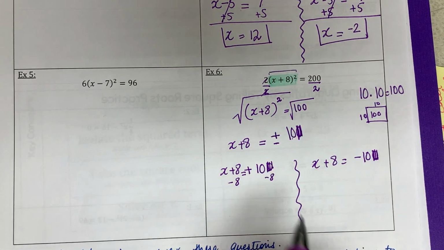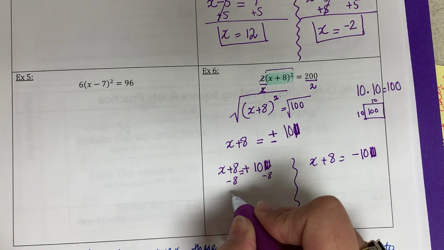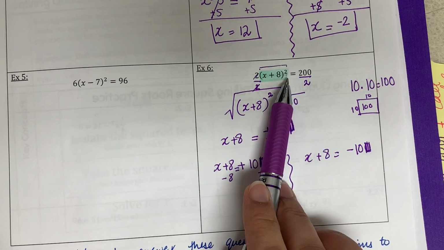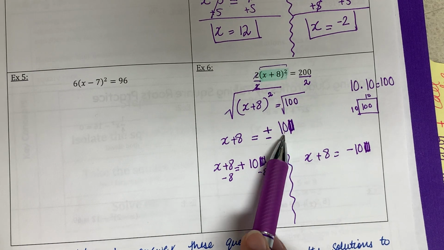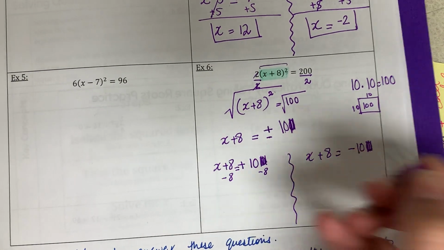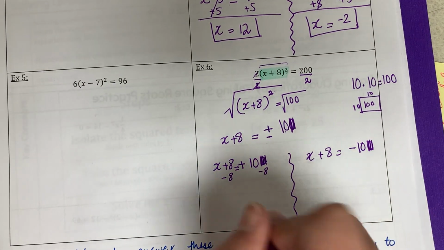I realized because 100 minus 8 is 92, and it's impossible to get that here. So I realized my mistake that I should be writing 10. So pay attention to your numbers. You will also realize when you could be wrong, and then you will be able to find your mistake.